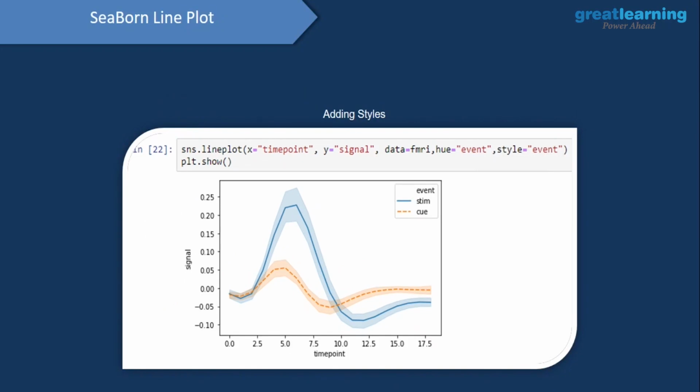Now we can also go ahead and change the style of how these lines look. If I want the style of these lines to be dependent on a column, I can just add a column onto the style aesthetic. So the color is being determined by the event column, and also the style is being determined by the event column.